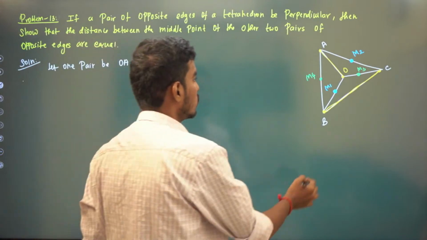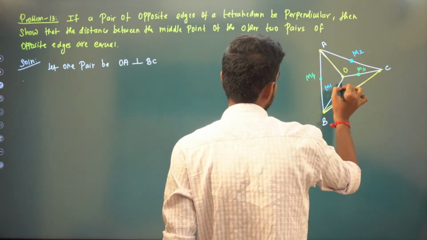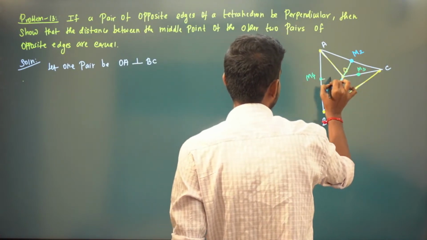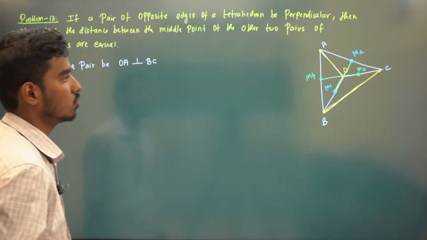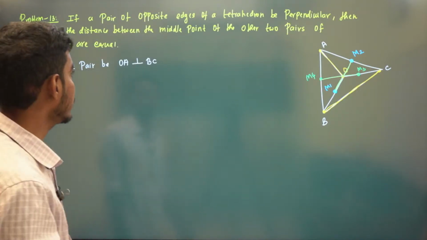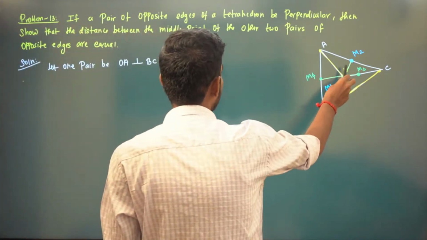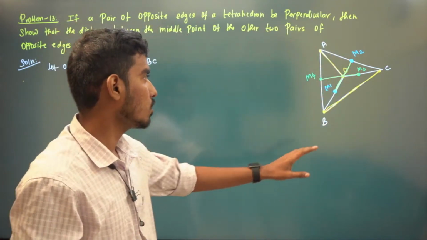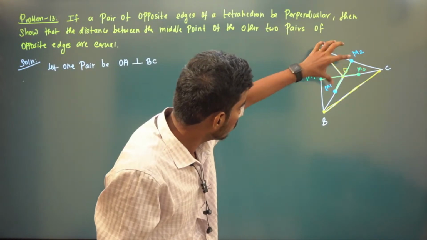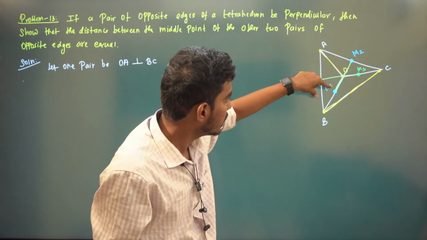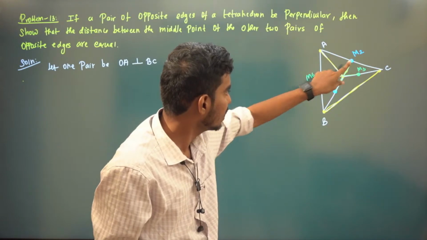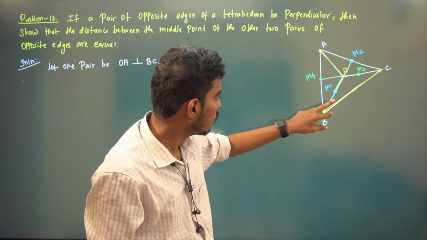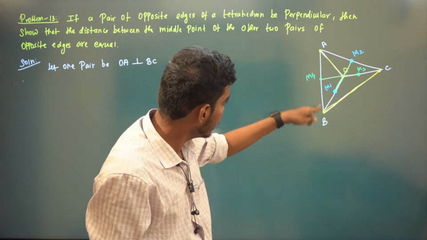Right? Show that the distance between middle point of other two pairs of opposite edges are equal. So we need to show the distance between M1, M2 is same as M3, M4. This is what we need to prove. Is it clear? So other two pairs of opposite edges are OB, AC. So the middle point of this is M1, M2, and the other opposite pair is OC, AB.